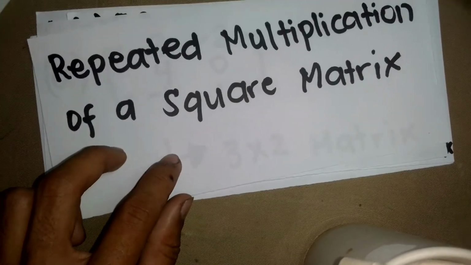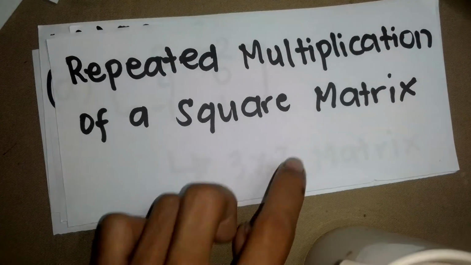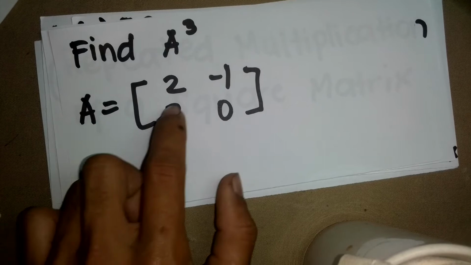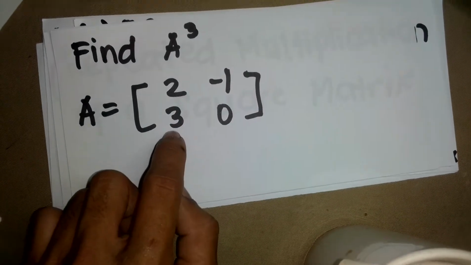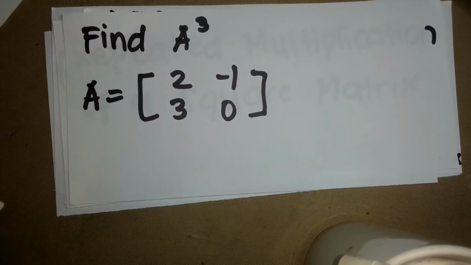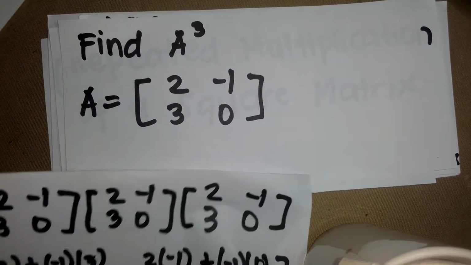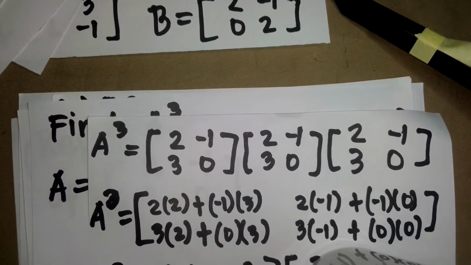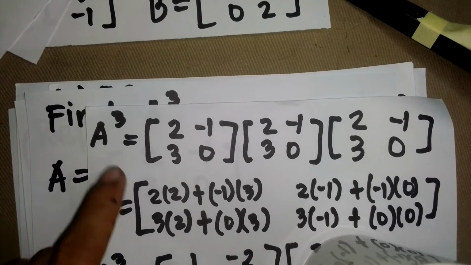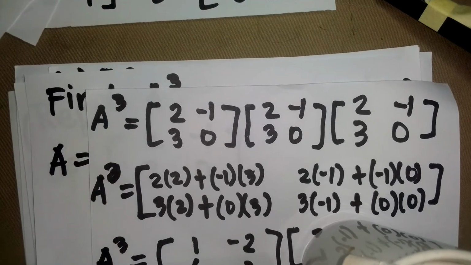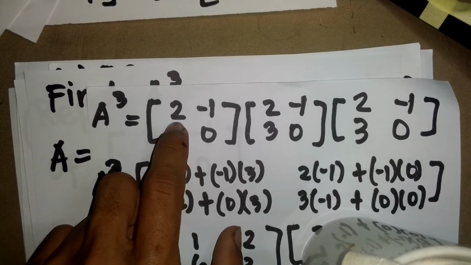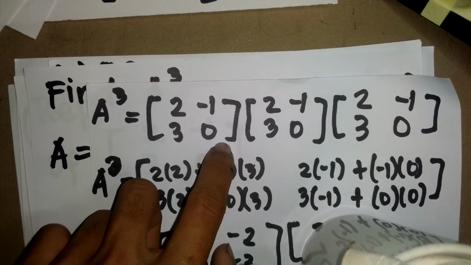For our next example, repeated multiplication of a square matrix. Our first example is to find A cubed, where the value of A is 2, negative 1, 3, 0. For A cubed, we first get A squared and multiply it by the value of A to get A cubed.